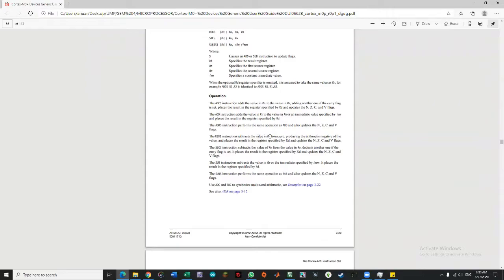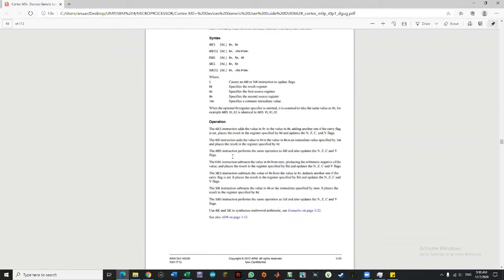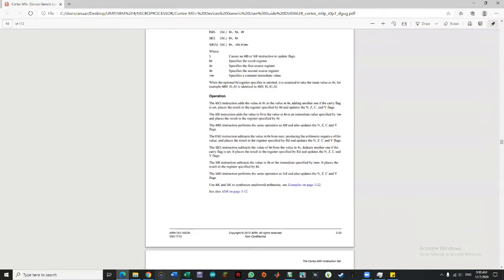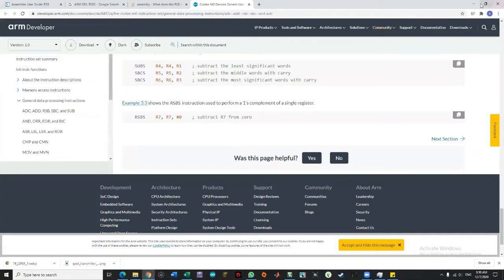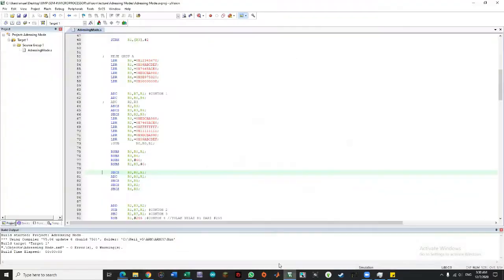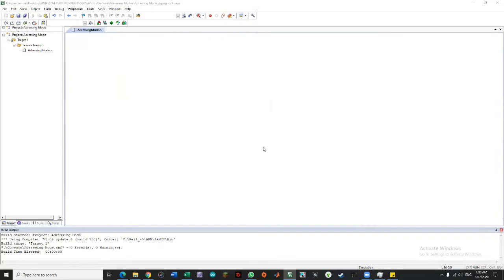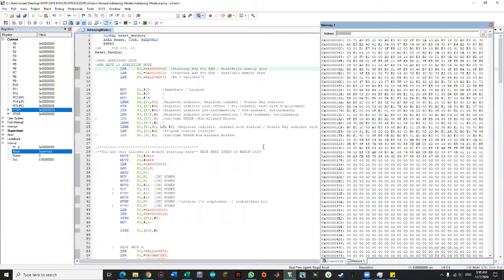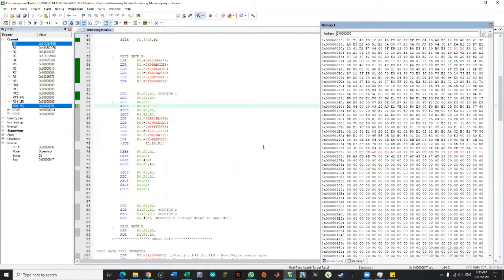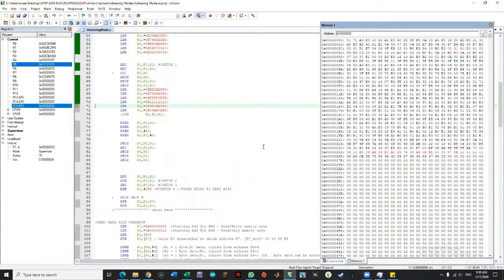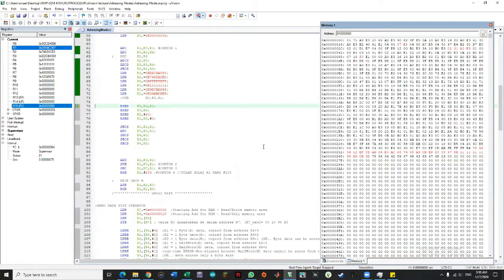Subtract the Rn from 0, producing the negative of Rn, in case the immediate value is 0. But let's do some example here. So I've loaded the values of registers R0 until R5 and we'll stop at line 75.